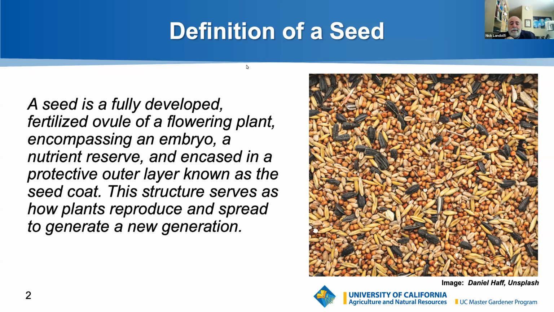A fully developed, fertilized ovule of a flowering plant. An ovule is a plant's female germ cell, essentially an egg. A seed includes an embryo, a nutrient reserve, and is encased in a protective outer layer known as the seed coat. Seeds serve as the main means by which plants reproduce and spread to generate new plants.